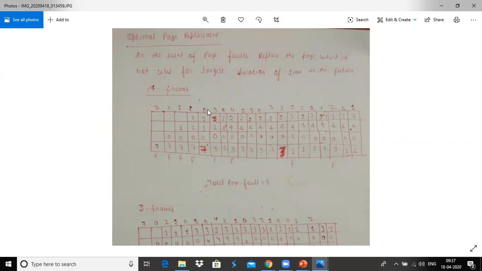Which page will you replace when you are applying the optimal page replacement algorithm? The optimal page replacement algorithm says to replace the page which is not used for the longest duration of time in the future. So see here, 0 comes here.